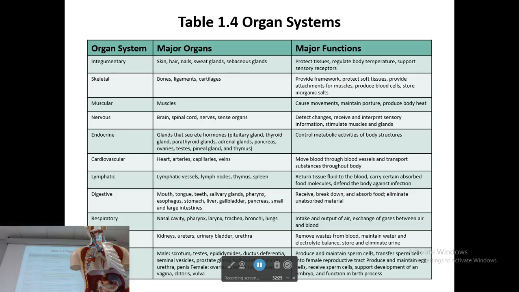So here's a list of the organ systems, the major organs, and their functions. You definitely need to study this table. Okay? So that's important to go through and study that. All right, in your lab book, you also have some of the same information there.